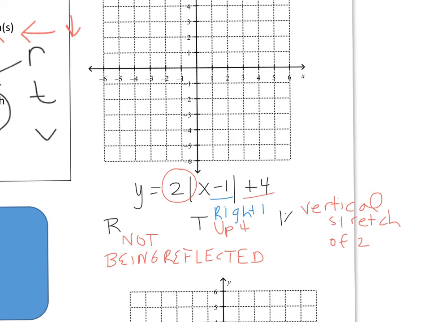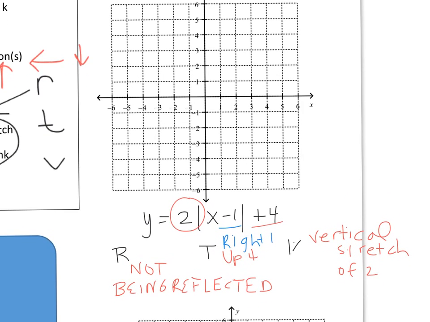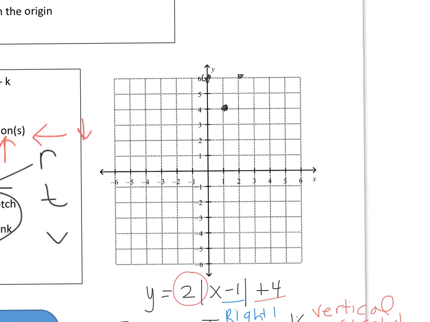So if I'm going to graph this, I'm going to start at the vertex, go right 1, up 4, make a dot, and it's going to open up because this is positive. So up 2 over 1, up 2, left 1, and it looks like this.